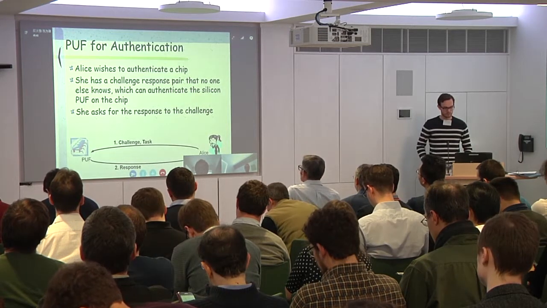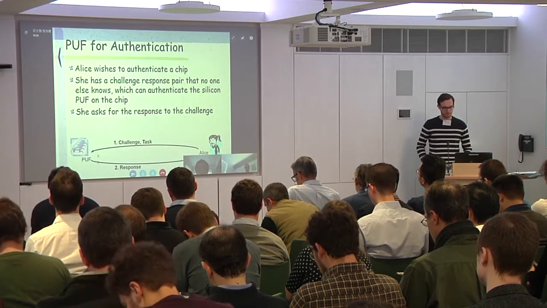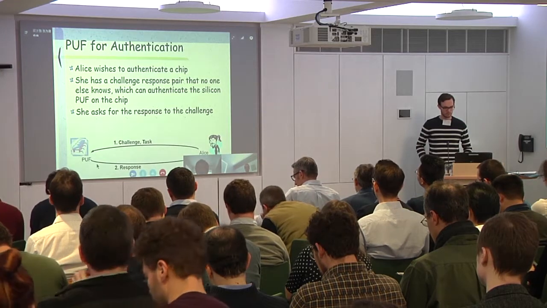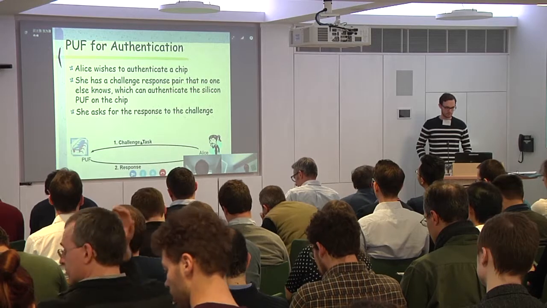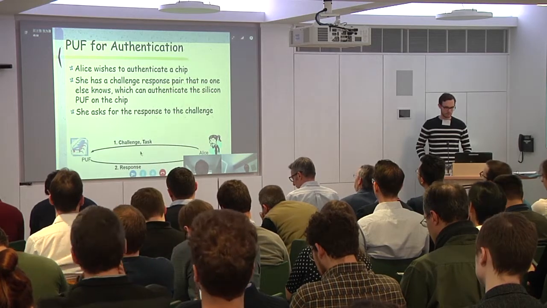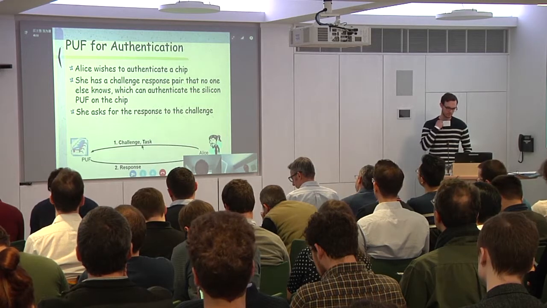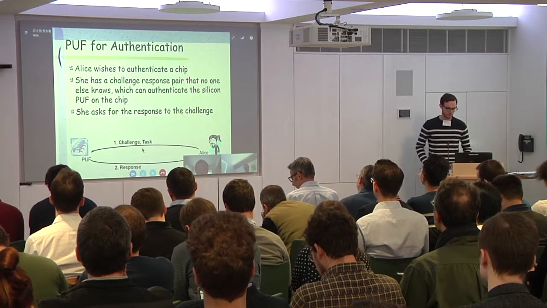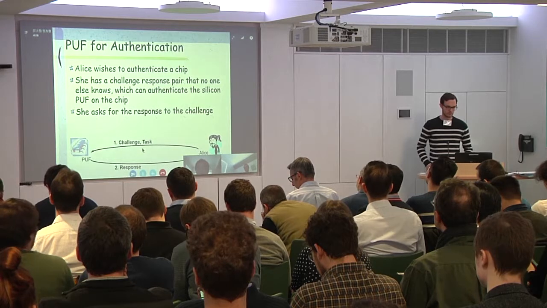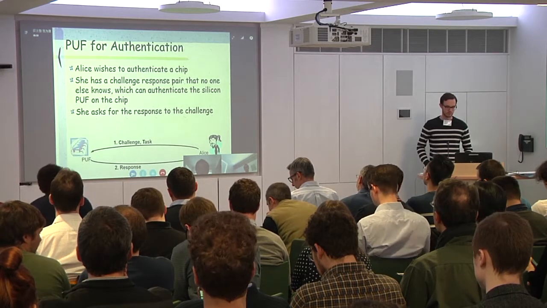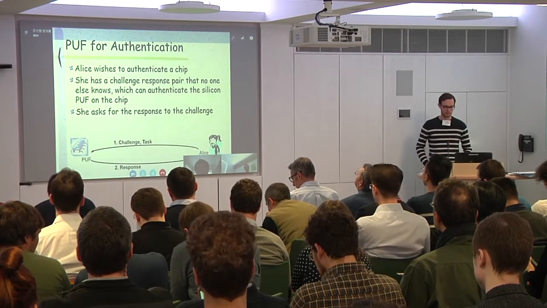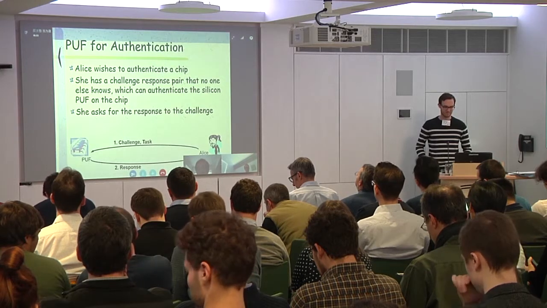So you want to authenticate that this is the right device in the right situation. But if you really have a person standing in the middle here, intercepting all the signals with no timing overhead, then it's not possible to detect. And one way to handle that is encryption, which is something I try to avoid.